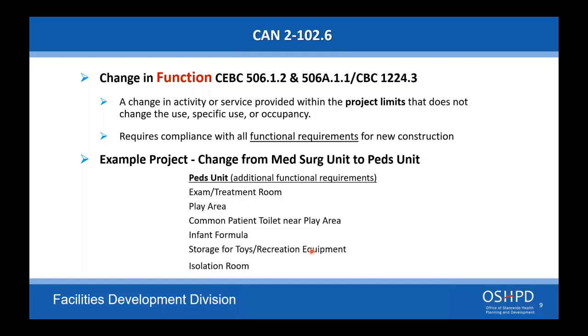What you do not have to do is upgrade the patient rooms, soiled, clean utility rooms. All the existing functions that are remaining and they're not being otherwise touched do not need to be upgraded. If you're going from pediatric to med-surg, you can conceivably, and we have done that without any construction. We actually had a project, it was a $30 million project because they were upgrading everything to current code.